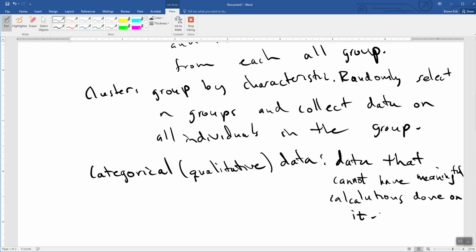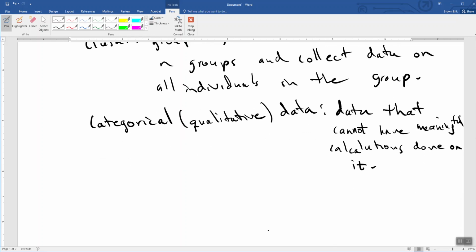So we can't calculate the mean of categorical data. We can't calculate the median. The only thing we can really do is figure out a mode. And often what we do with categorical data is we transform it into quantitative data, which is the next one.